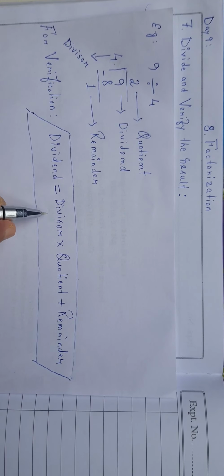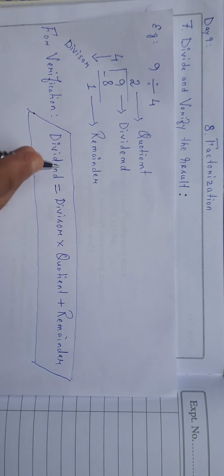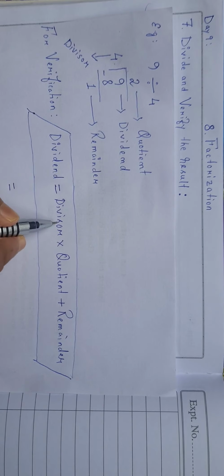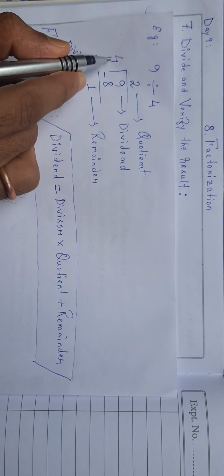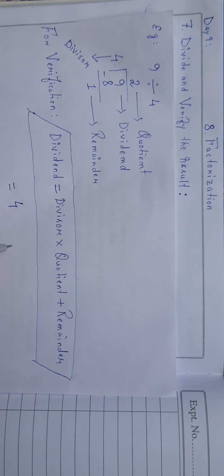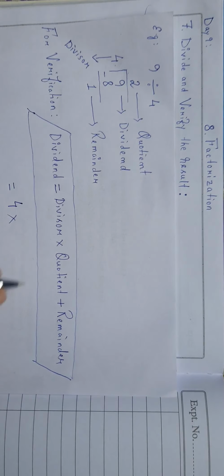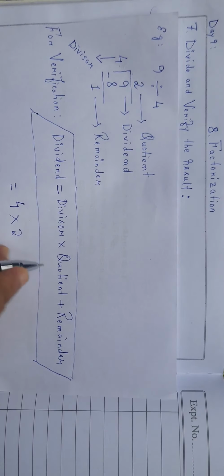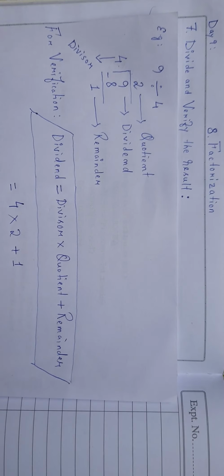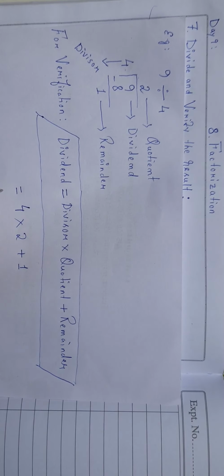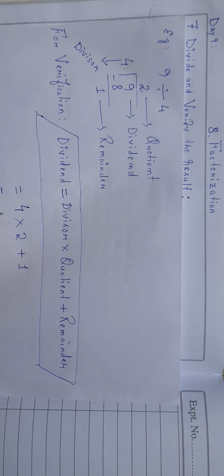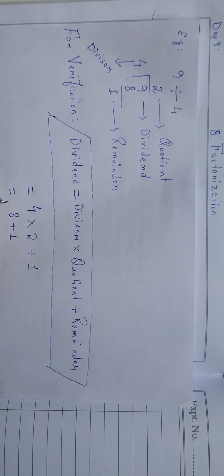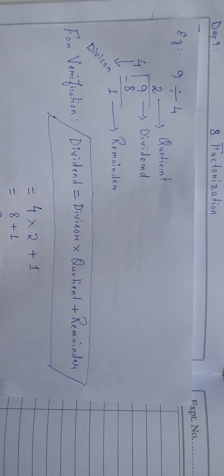Now we'll apply this formula to verify our division. Now let us check. Dividend equal to divisor. Here the divisor is 4, into quotient is 2, plus remainder is 1. We get 4 into 2 is 8, plus 1, 9.